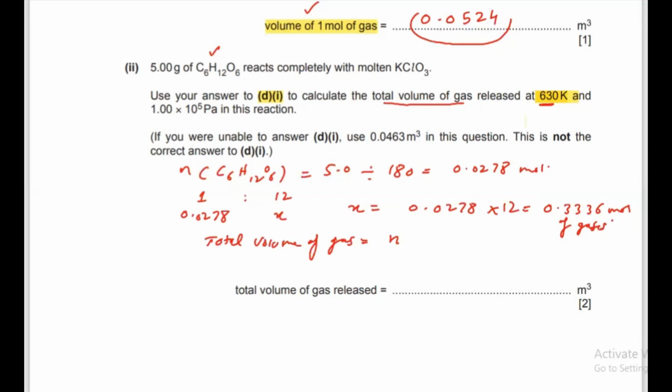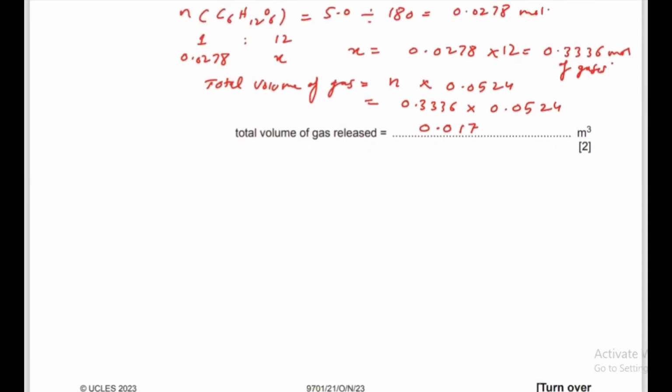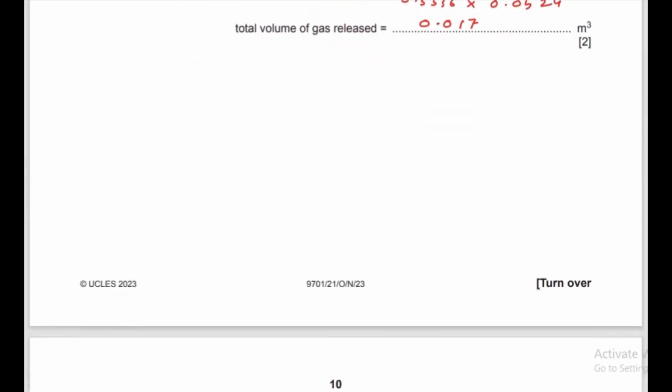So we have the moles of gases, 0.3336, times 0.0524. If we multiply these two numbers, we get 0.017. We have to use the same data, which is part of our question. This is the way to get the total volume of the gases. We have two gases on the right hand side. Don't forget the information that water is also a gas.